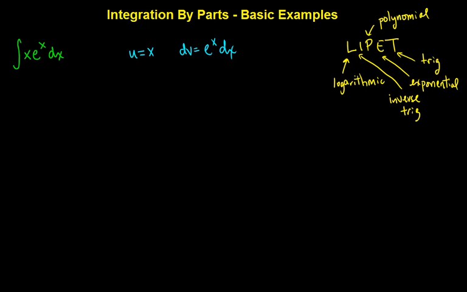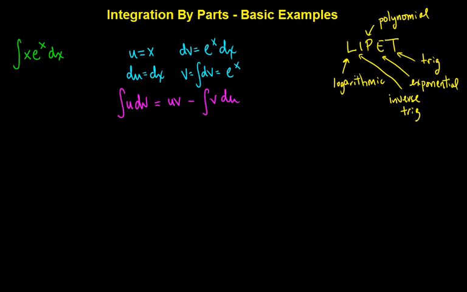We're first going to find the differential of u, and that turns out to be just dx. Then v will be the integral of dv, and in this case that will simply be e to the x. So recall the formula. The integral of u dv, which would be the integral of x e to the x dx, can also be written as uv minus the integral of v du.